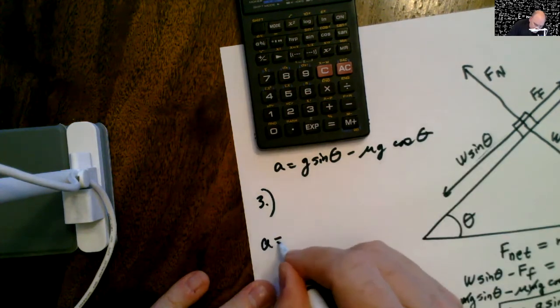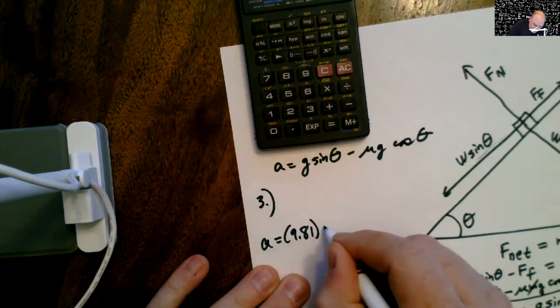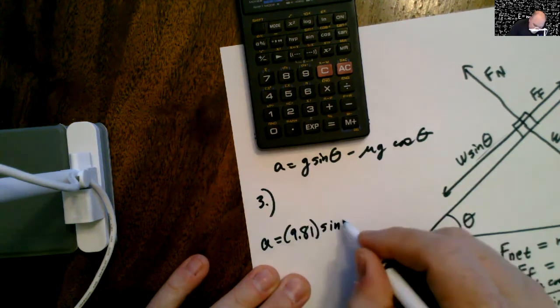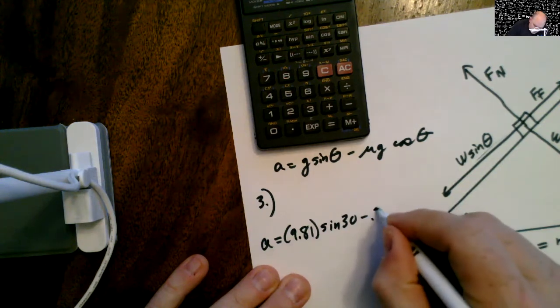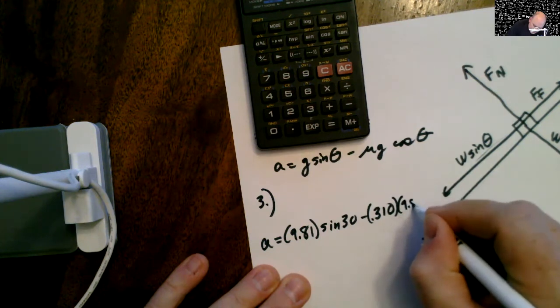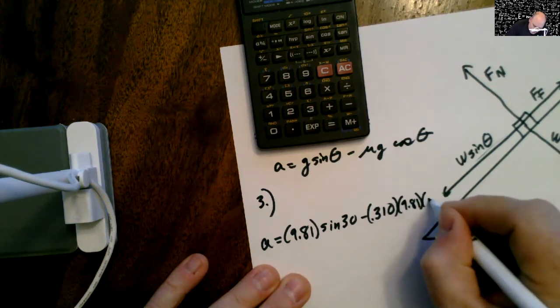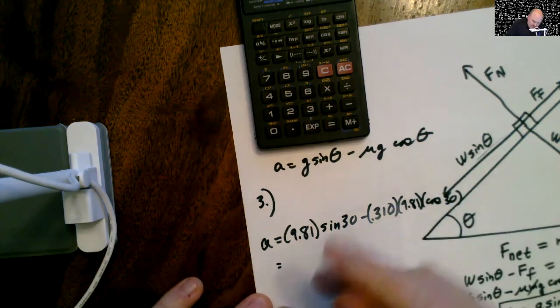So the acceleration would be 9.81 times the sine of 30 minus mu, which is 0.310 times 9.81 times the cosine of 30, and that'll be my acceleration rate.